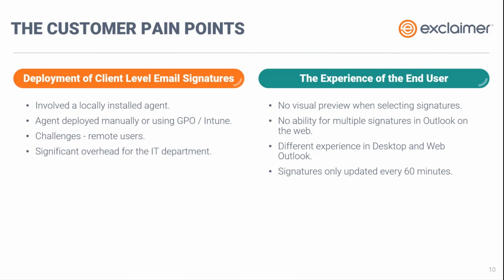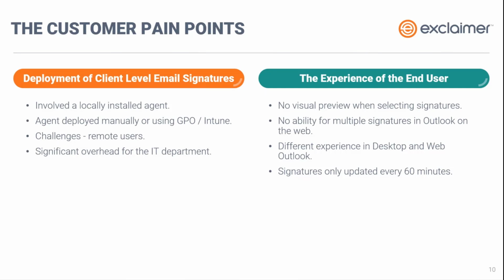It was deployed traditionally using GPO or Intune, and that posed challenges, especially to remote users. It just generated for our customers more overhead where the IT department was concerned, and making sure that that agent that was required to deliver signatures was in place. And we wanted an easier way that we could offer.